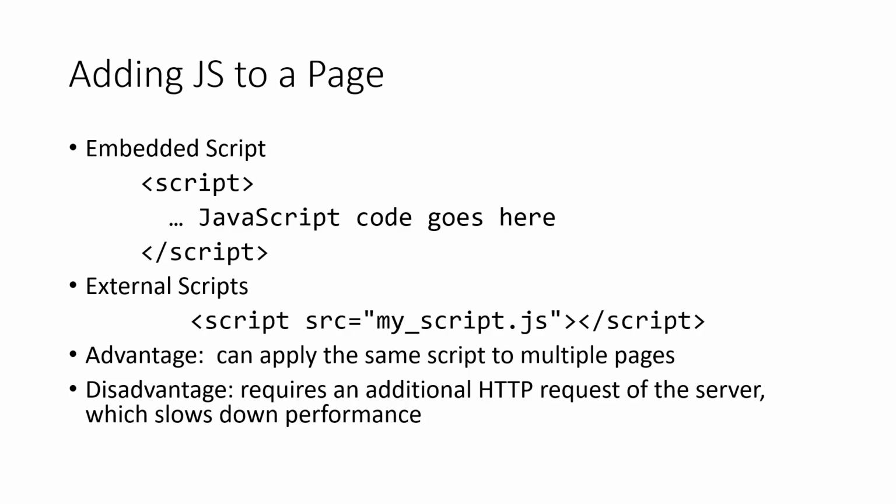Or else, you can use it as an external script, where you use script and refer to a JavaScript file. The advantage of using an external script is you can apply the same set of functionality to other pages as well. But there are some disadvantages as well. You need to make HTTP requests to the server, which basically slows down the performance.